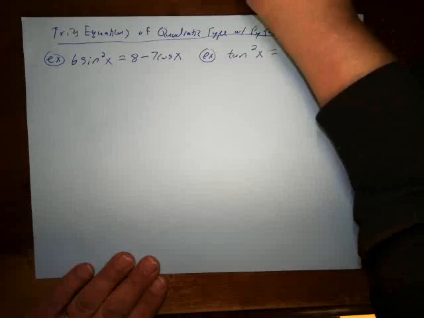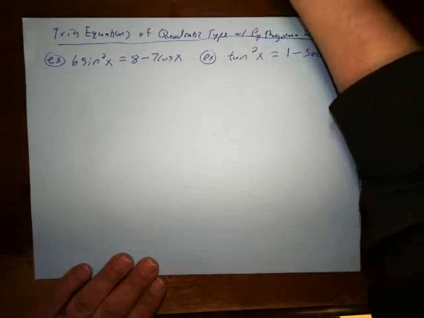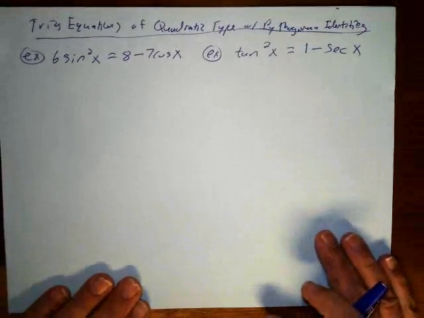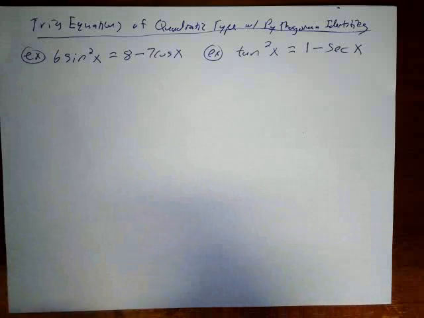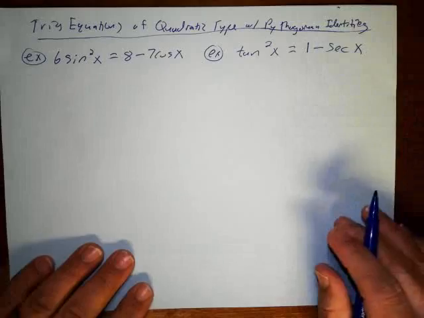Let's see here. Focus and zoom in. So we're going to be doing equations of the quadratic type again, but it's going to also involve the Pythagorean identity.